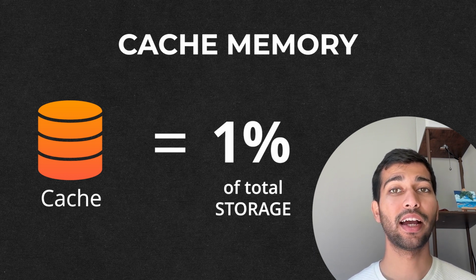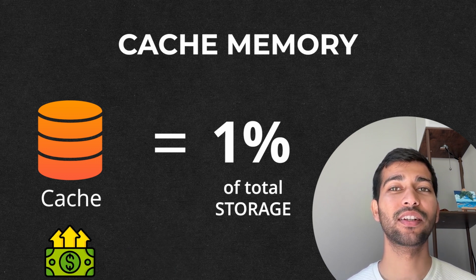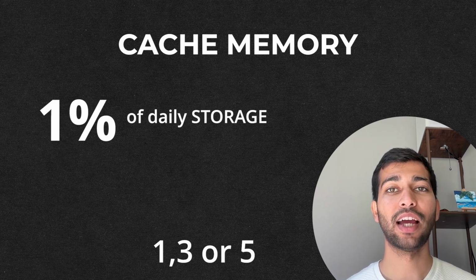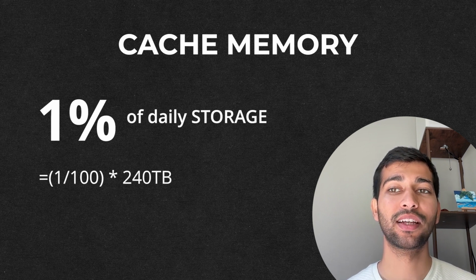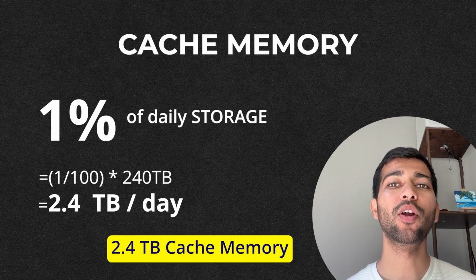Since storing data in cache is very expensive, that is why this percentage is somewhere around 1 to 3, or 5% max. So taking 1% of the daily storage, that would be 1 by 100 into 240 TBs, which is 2.4 TBs in a day. So we'll need 2.4 TBs of cache memory in a day.